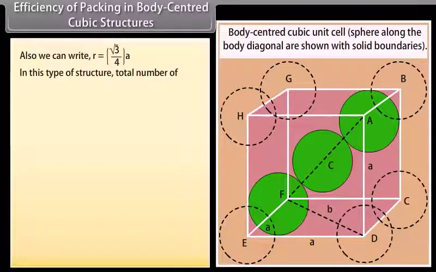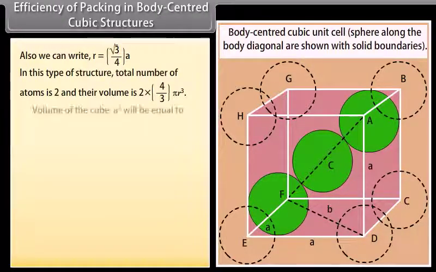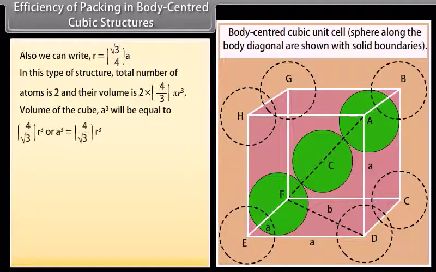In this type of structure, the total number of atoms is 2 and their volume is 2 into 4 upon 3 pi r cube. Volume of the cube, a cube, will be equal to (4 upon square root 3 r) cube.